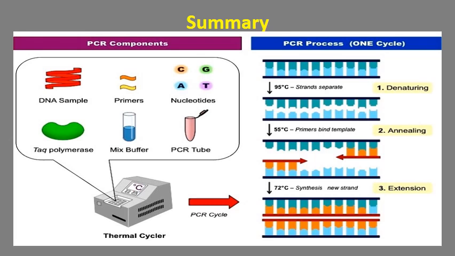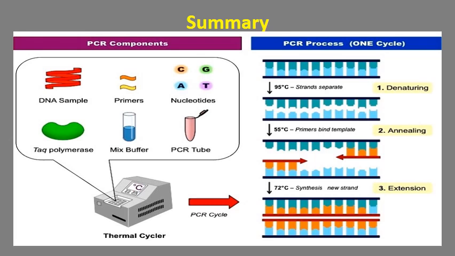The second scope is PCR components, which are the following: DNA sample, primers, nucleotides (DNA bases), Taq polymerase as the DNA building enzyme, and a mixed buffer containing magnesium chloride.